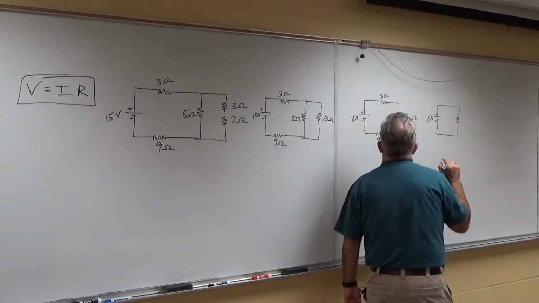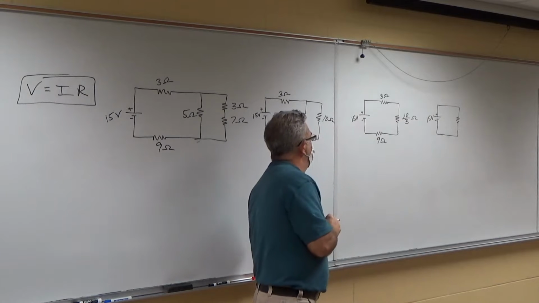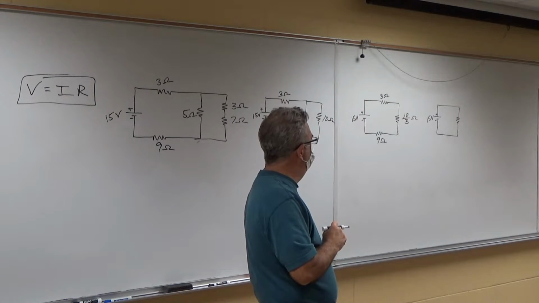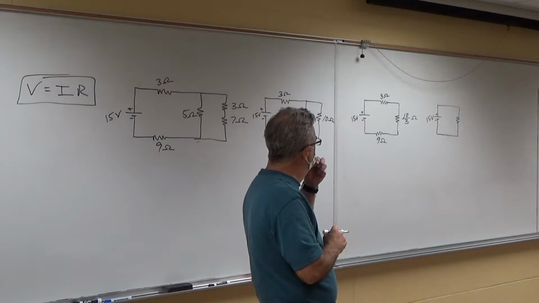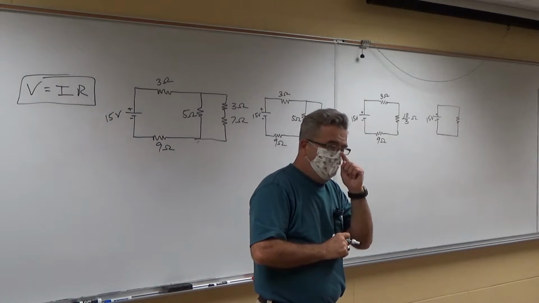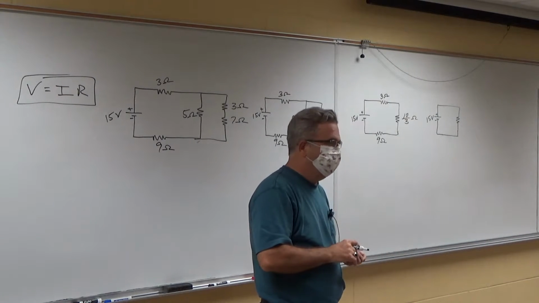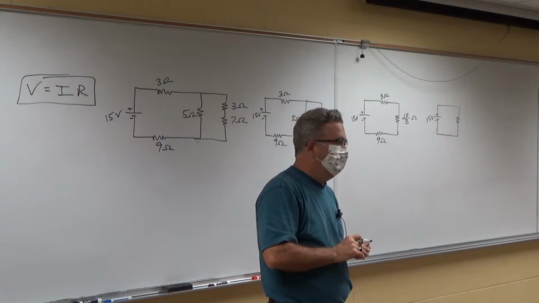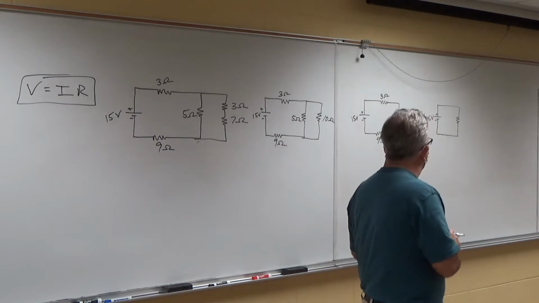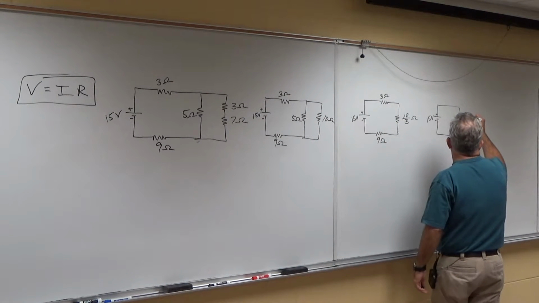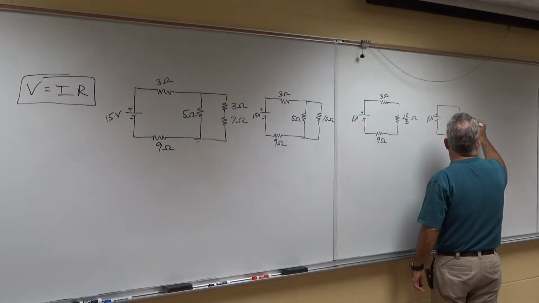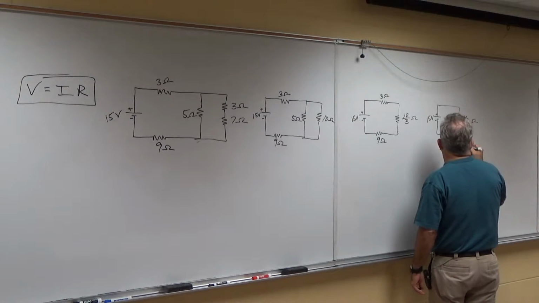So what do you get here? 9, 27, 36, 46 over 3? Can somebody calculate that for me? 46 over 3, okay. I'll leave it like that.